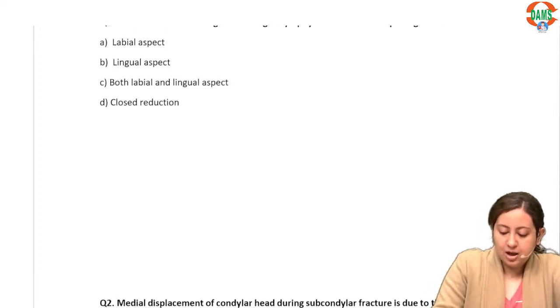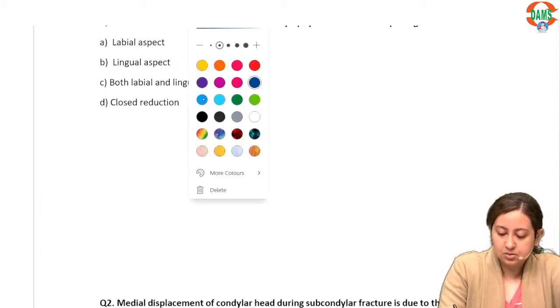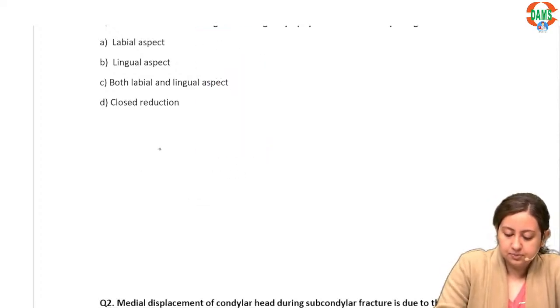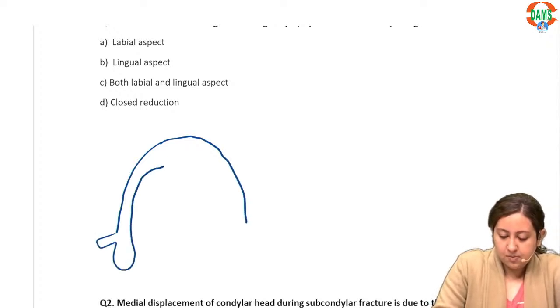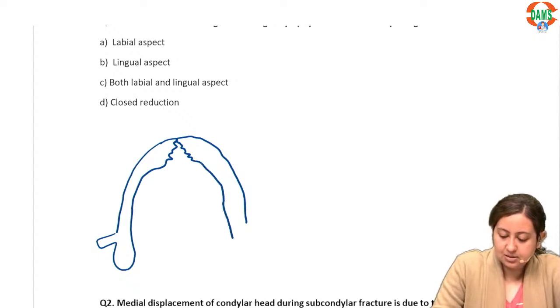Now, sometimes what happens, especially in symphysis fracture, I'm drawing a symphysis fracture which has a lingual splay.